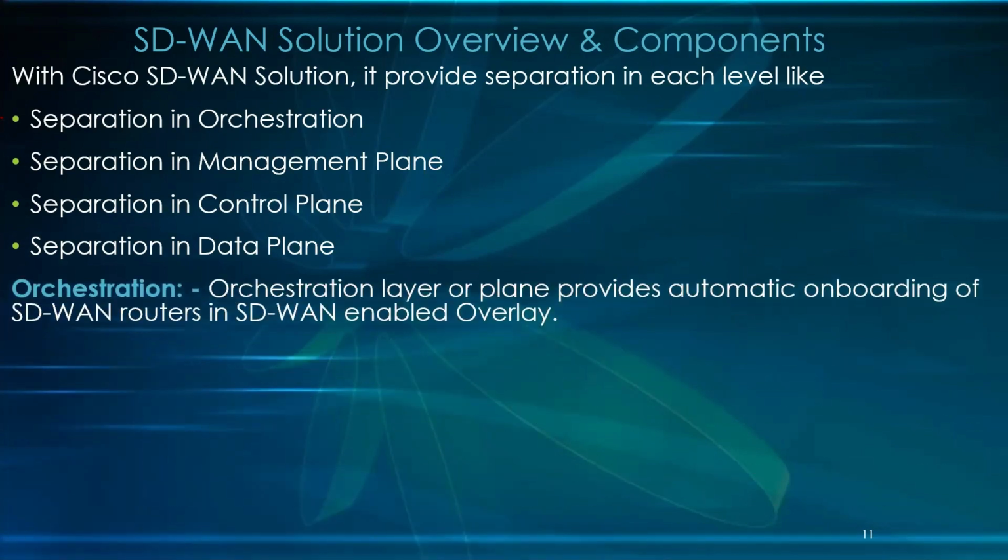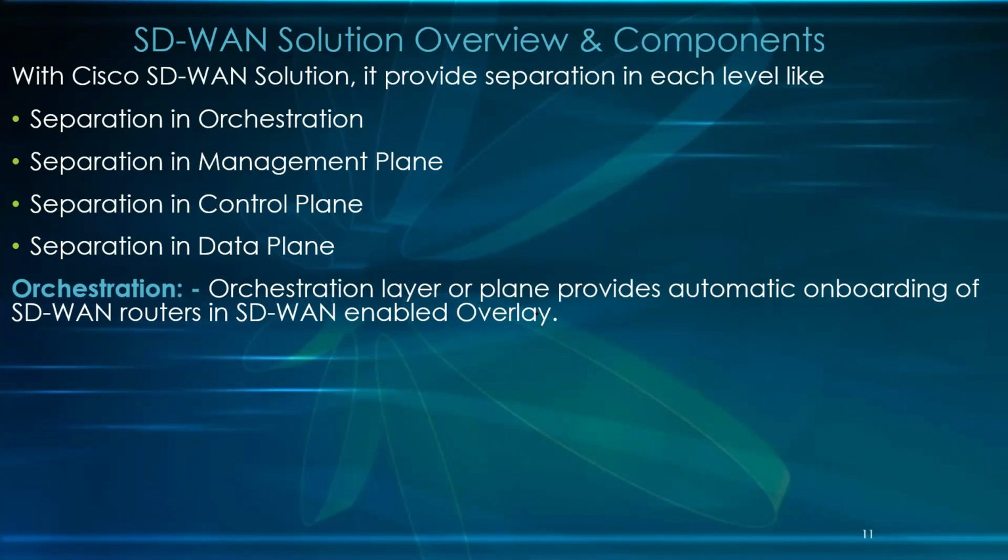So orchestration, what is the use of the orchestration plane? The orchestration layer provides automatic onboarding of the SD-WAN router into the SD-WAN enabled overlay. Orchestration is something onboarding automatically, which connects to the automation part of it, right?